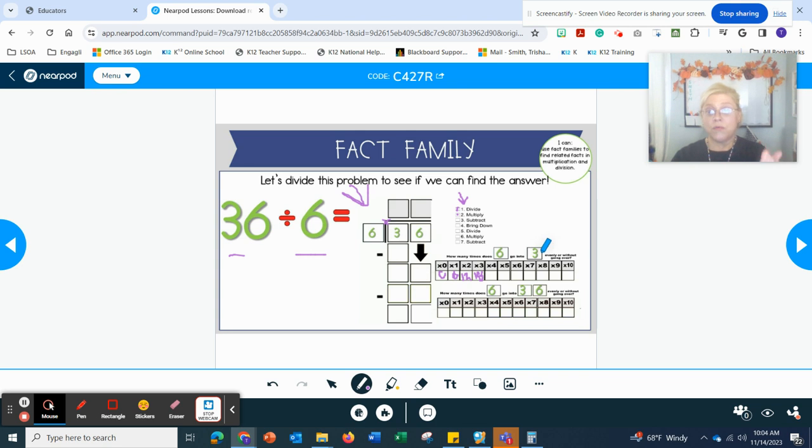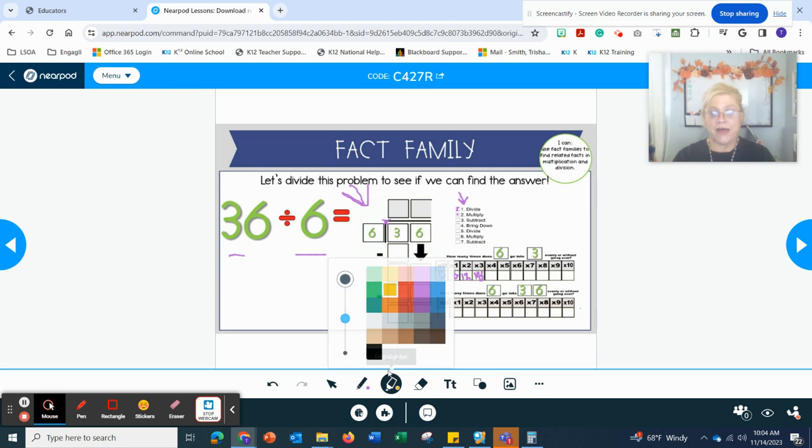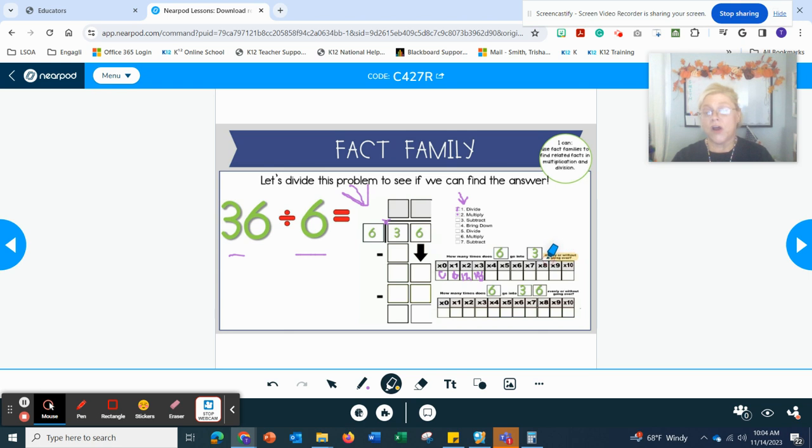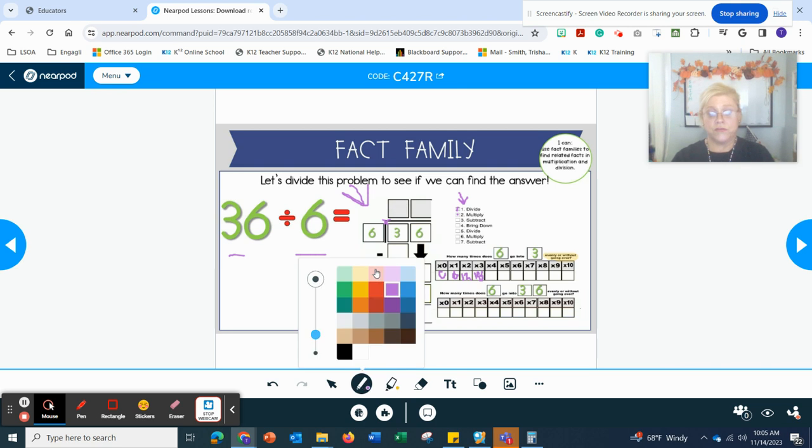Remember, we cannot go over 3, because that was the key. I'm going to highlight that, without going over. We've already gone over 3, so I'm just going to X that one out. That is the key.